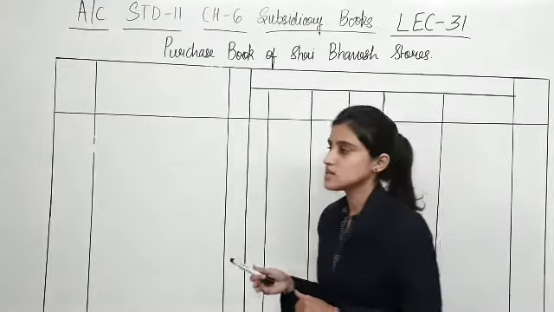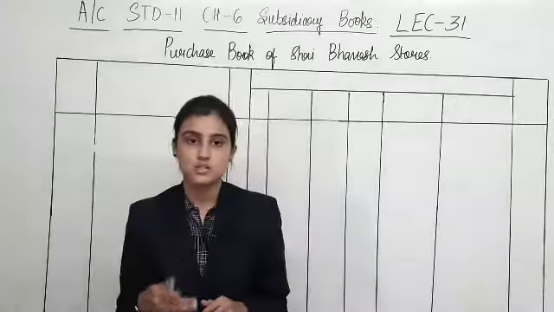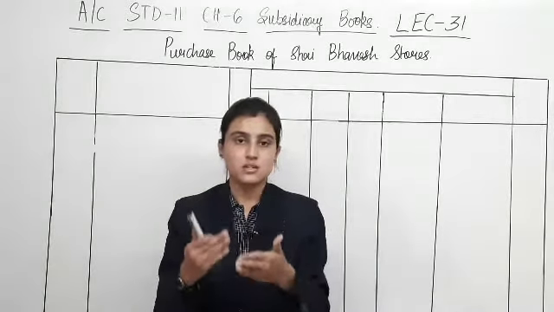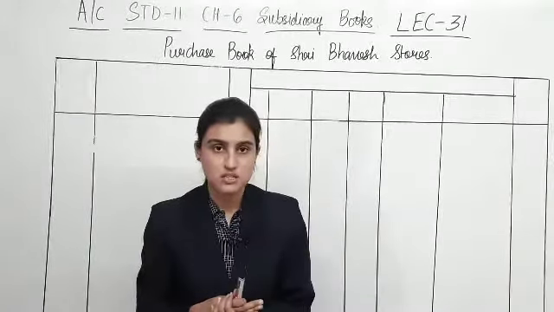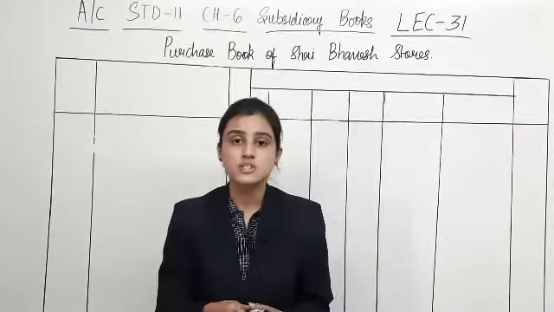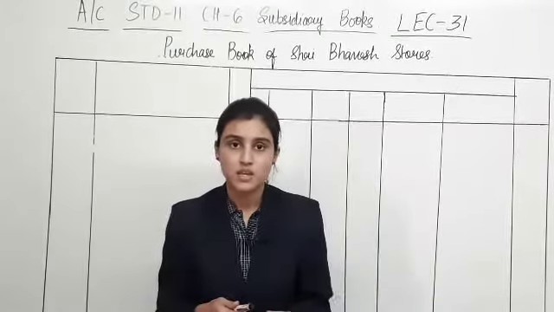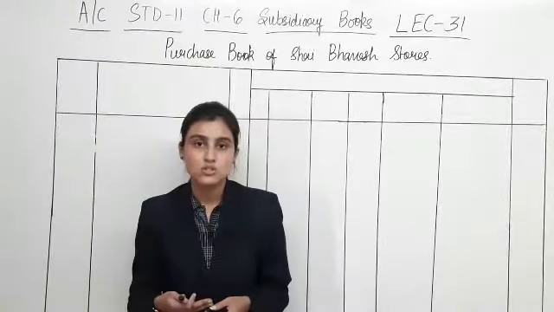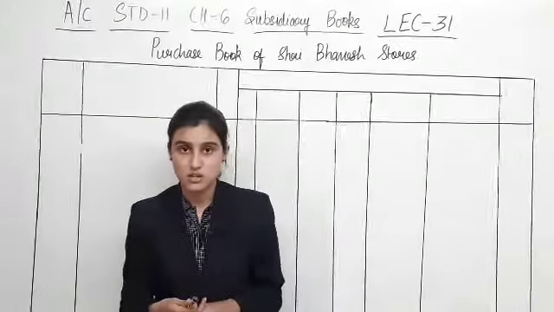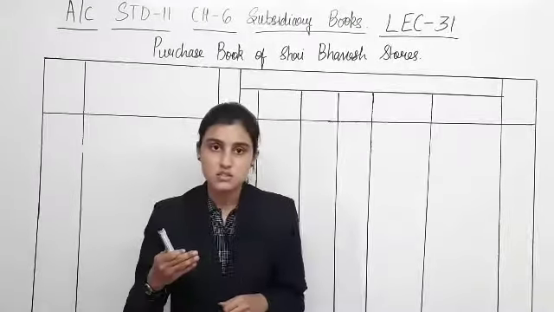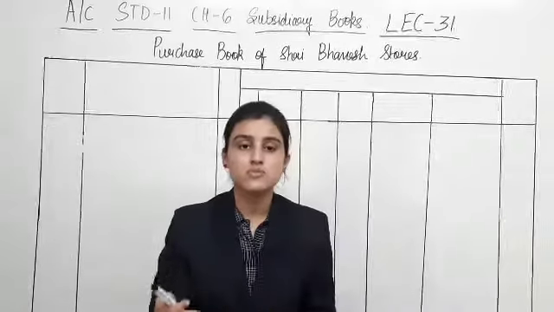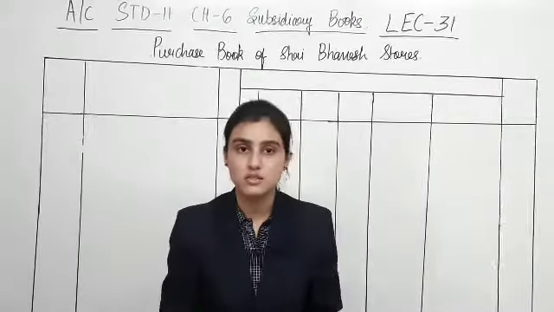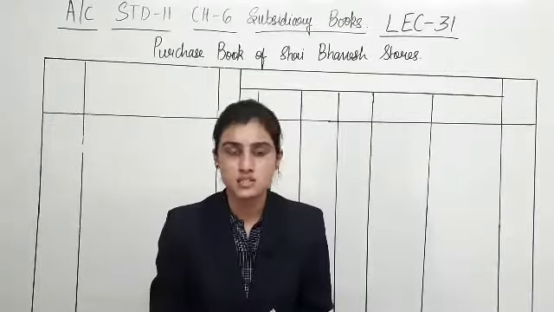Now Karan is the person who is returning goods to us. So when the customer is returning goods to us, that becomes sales return. When goods are sold to a person, to the customer, it becomes sales, and if the same person returns those goods to us, it is sales return.